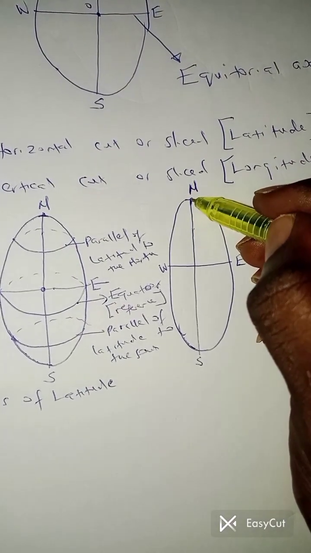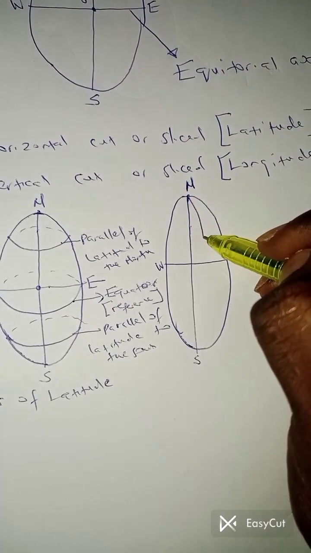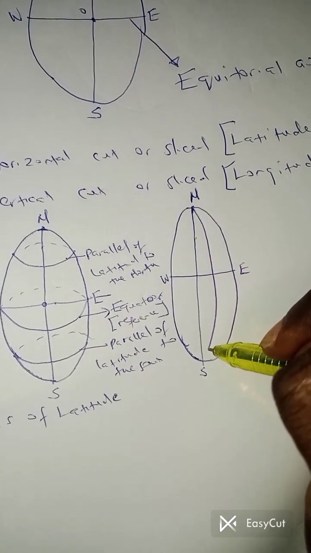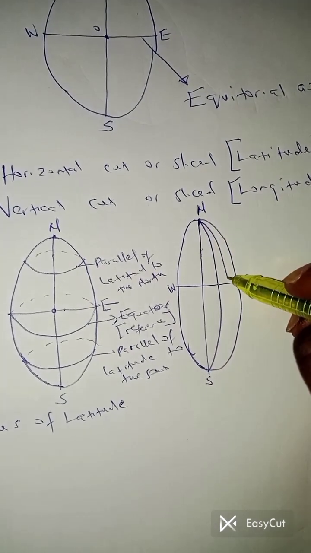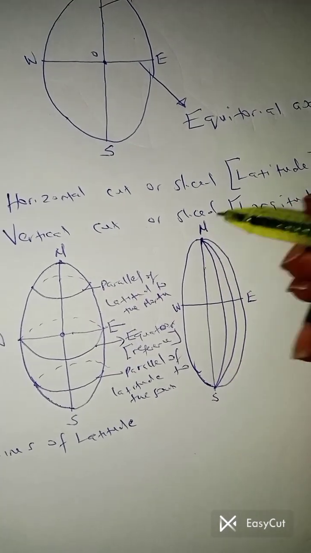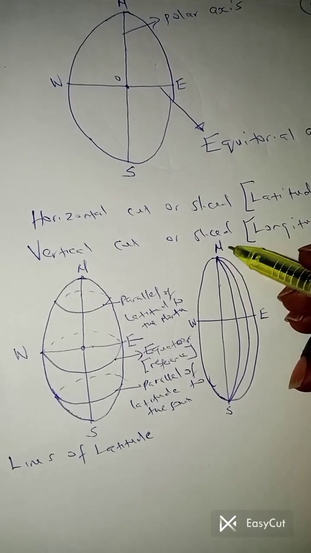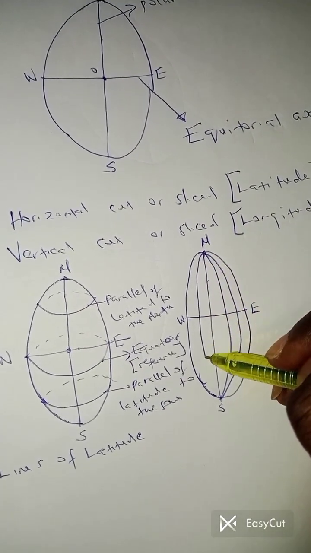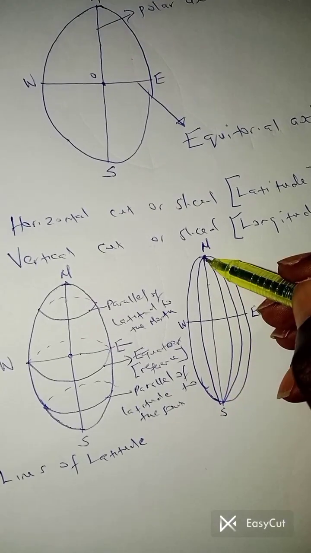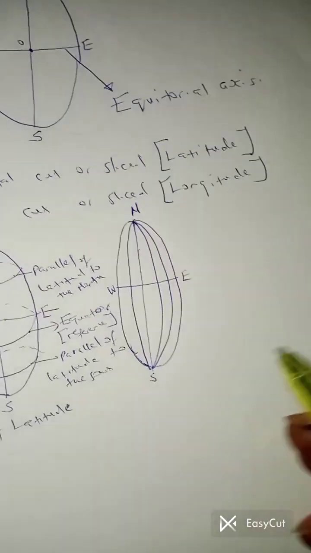So any chord that runs from north to south is known as longitude. Any chord that runs from north to south is known as what? Longitude.